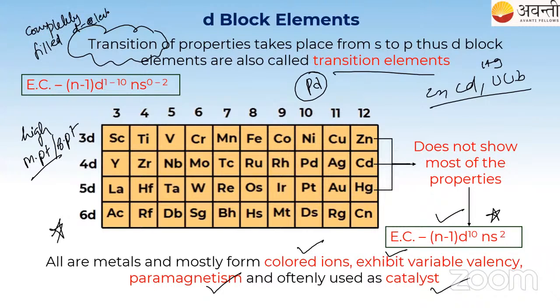Incompletely filled d electrons are called transition elements. So zinc is also a d block element, but not a transition element. Why? Because the d is completely filled. Simultaneously, cadmium is also d10, mercury is also d10, either in the common oxidation state or in the ground state.